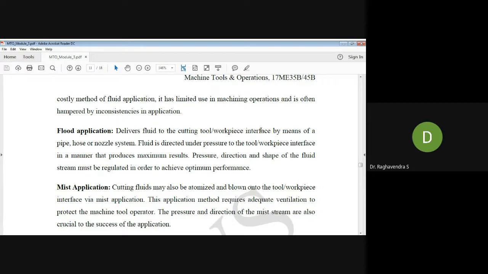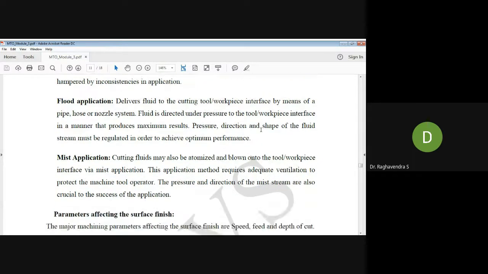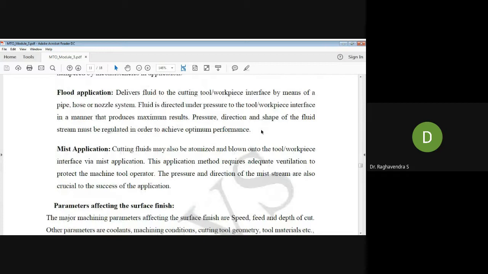So, methods of application. Manual application means sometimes you will take the grease, sometimes the oil, and you will drop 2 to 3 drops, use it and perform the work. Then there is flood application, where the whole tool and workpiece are covered.